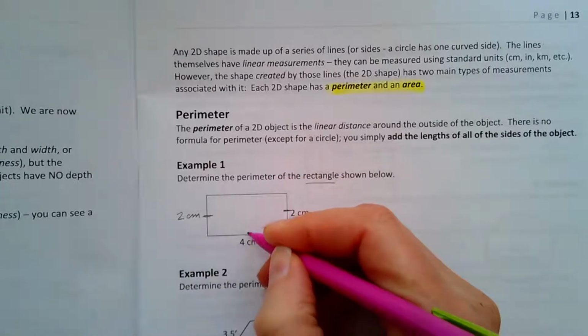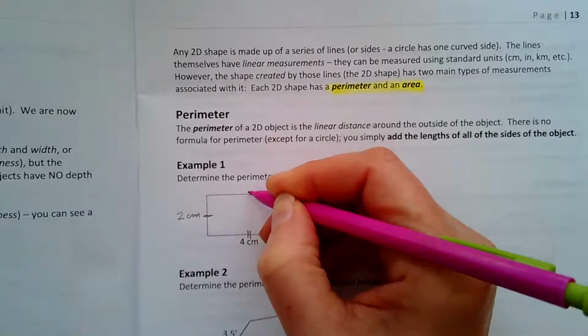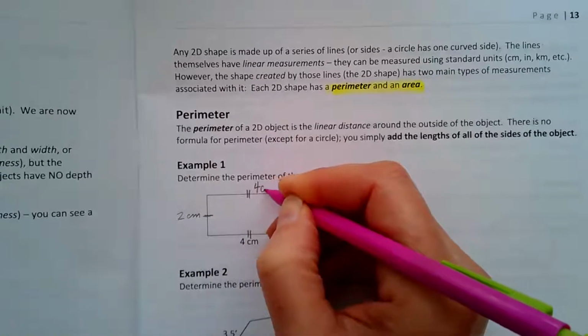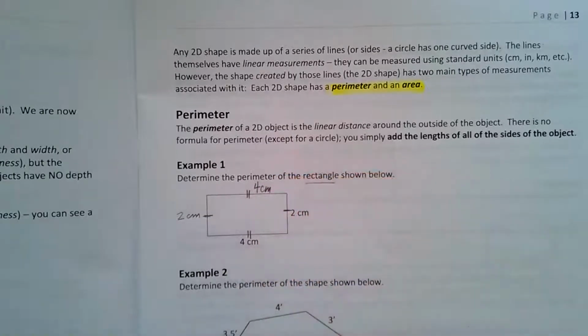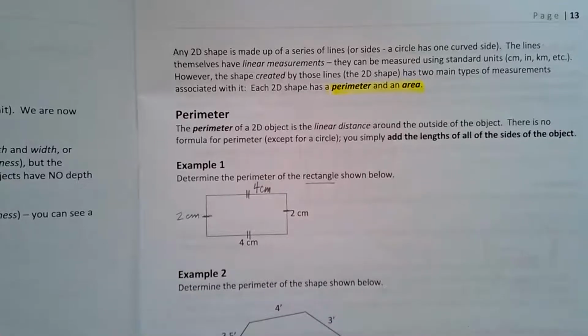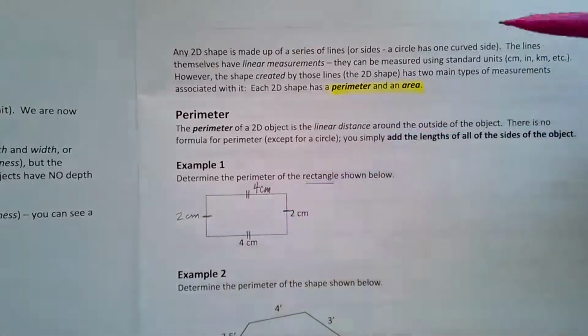So this is 4 centimeters. If I use a double hashtag, I can use the same double hashtag here. And I know that this is 4 centimeters. The reason I can't just use the single hashtag is my symbol for 2 centimeters. So I have to use a different system of hashtags.